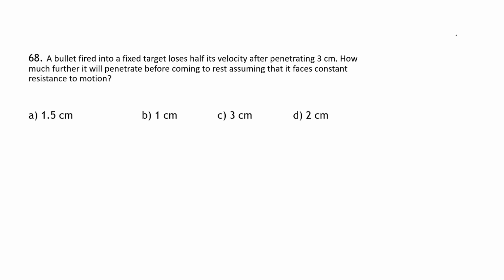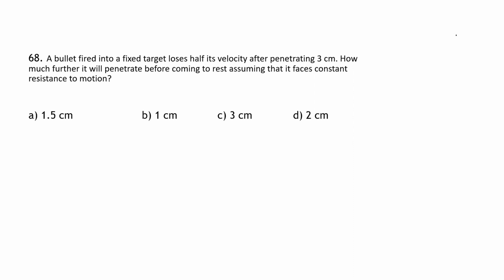How much further will it penetrate before coming to rest, assuming that it faces constant resistance to motion? So we need to calculate the distance, means how much distance it will travel, even though its velocity is decreasing, before coming to rest.